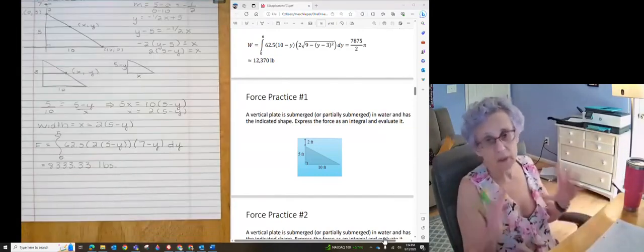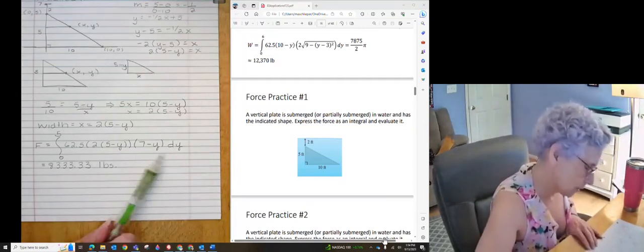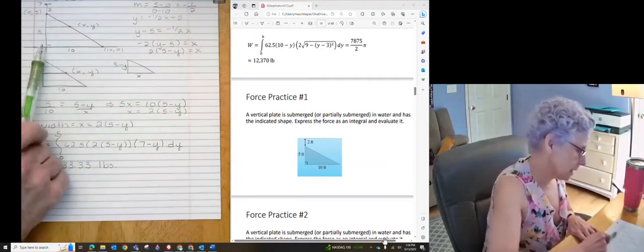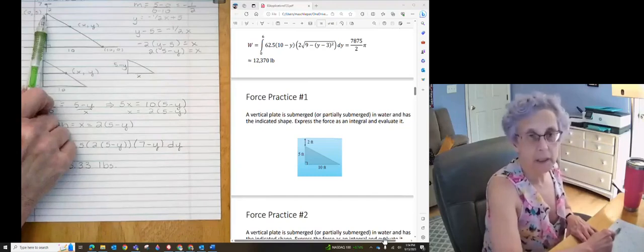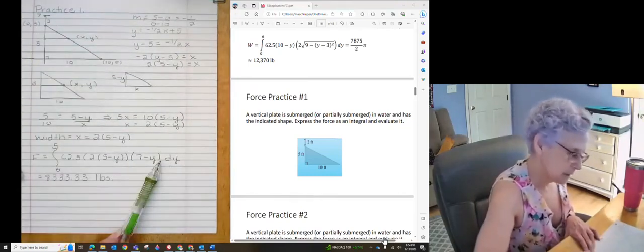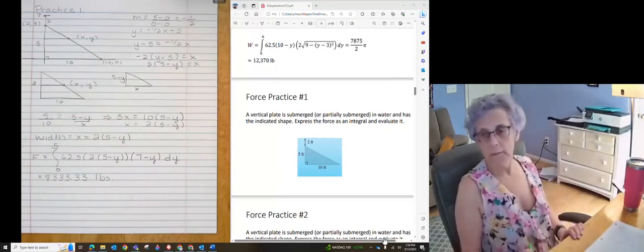So you can figure it out either way. And then we do our integrating. We go from 0 to 5 because that's the bottom to the top of the plate. And then the water level is 7 minus y, and this was our width right here.